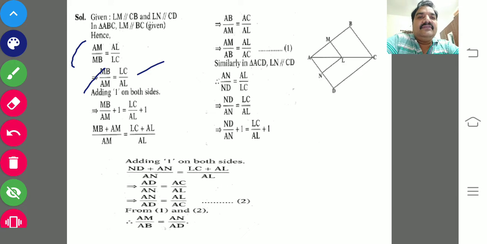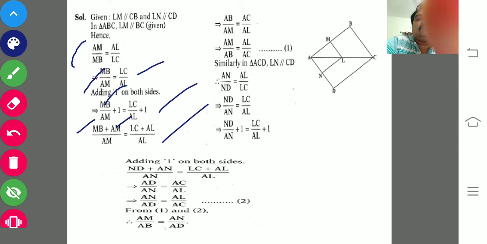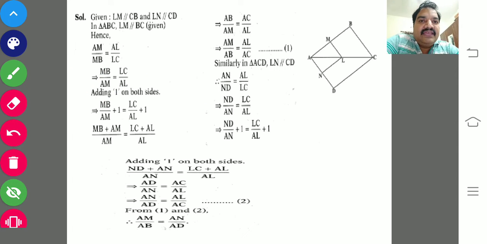After adding 1 to both sides, you will get MB by AM plus AM by AM, and LC by AL plus AL by AL. You just observe from the picture: MB plus AM equals what?